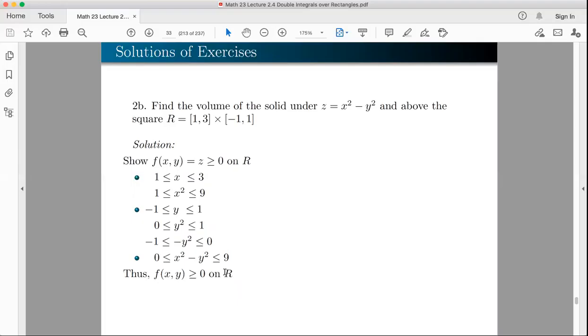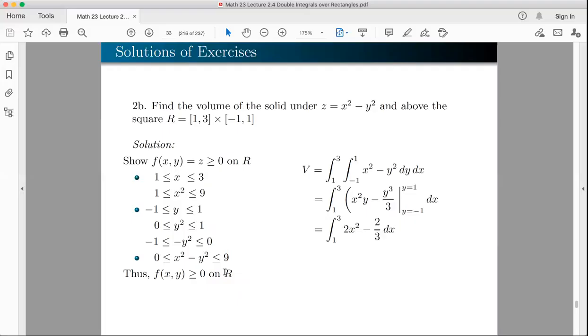So we can use the double iterated integral to give us the volume. We integrate with respect to y first, evaluating from negative 1 to 1. Then integrating with respect to x, we get 2x cubed over 3 minus 2/3 x from 1 to 3, and what we get is 16 cubic units.